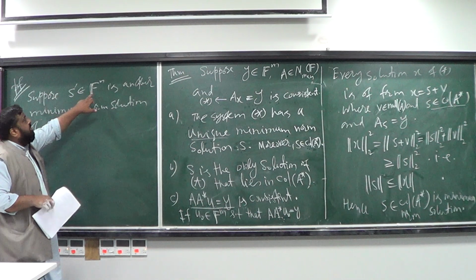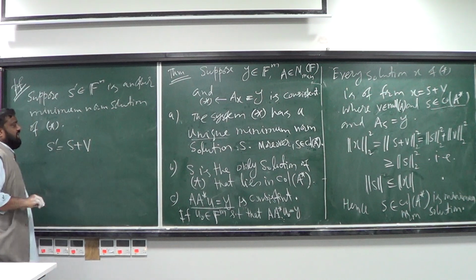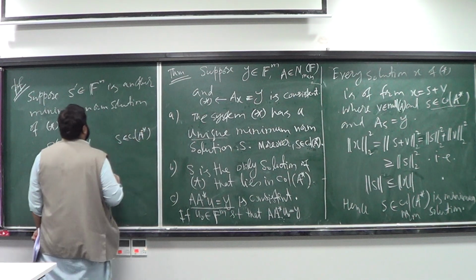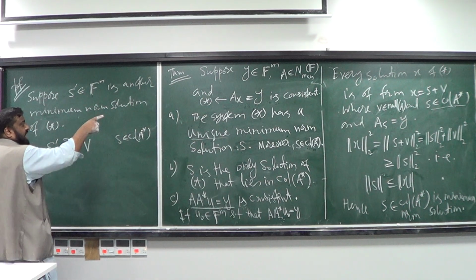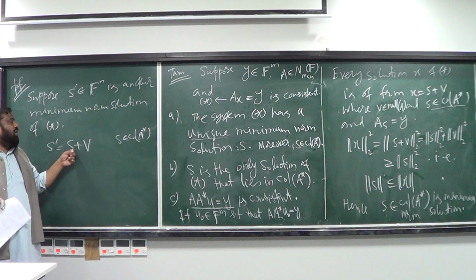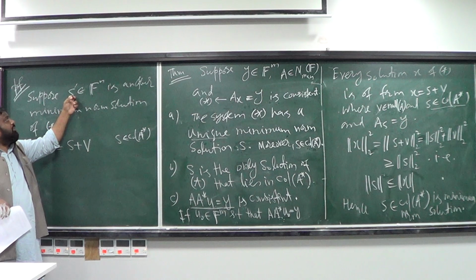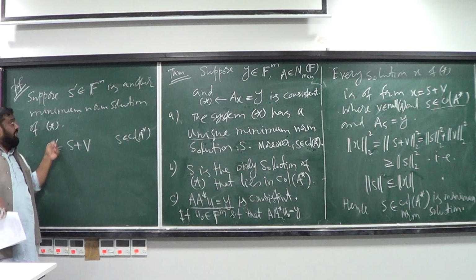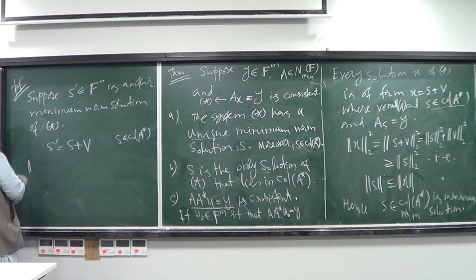Now since this s prime is also in F n, it can be written as s prime equal to s plus some vector v, where s is from the column space of A star that solves A x = y and is the minimum norm solution. And we are claiming that there is another s prime in F n that is a minimum norm solution. Since s prime is in F n, you can write it in this manner. But here is the key thing.